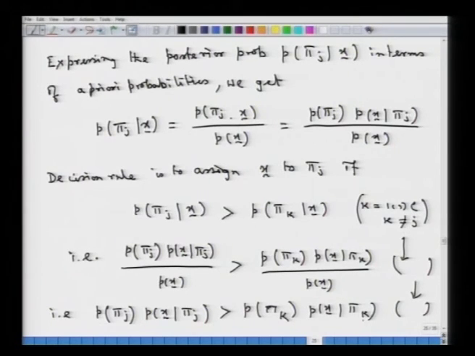So this is what the Bayes rule actually boils down to. This is finally the Bayes assignment rule, or Bayes classification rule.